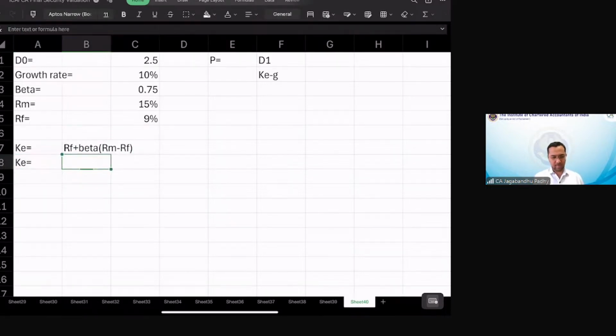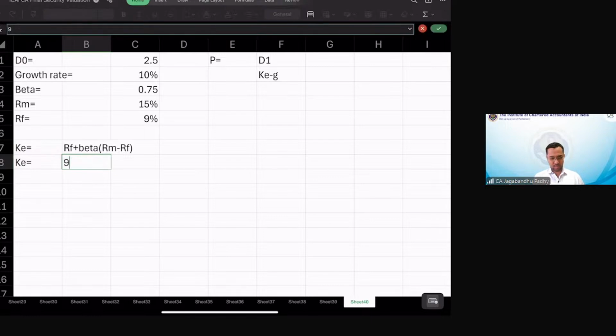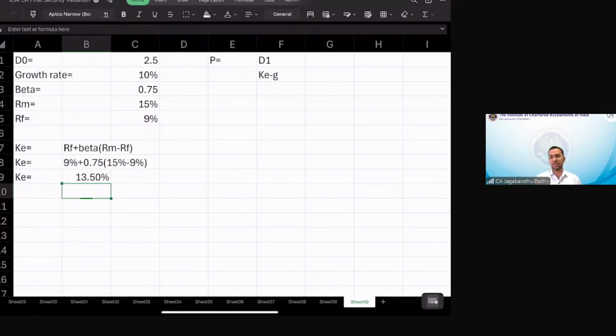So KE is 9% plus 0.75 multiplied by 15% minus 9%. That's 13.5%.